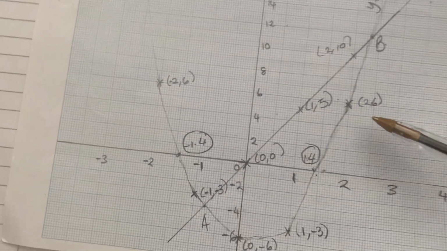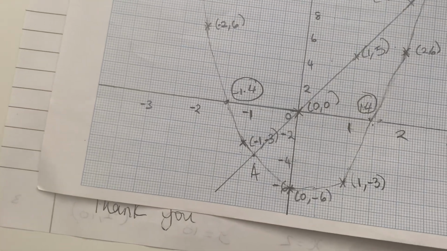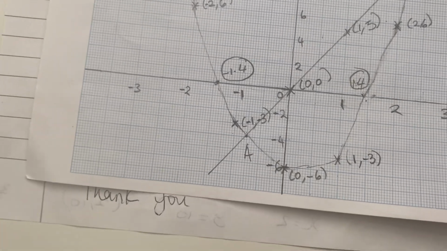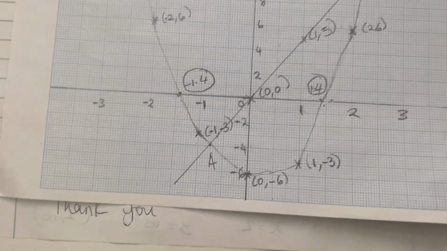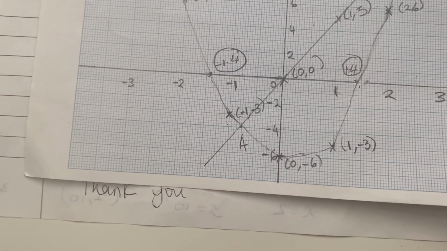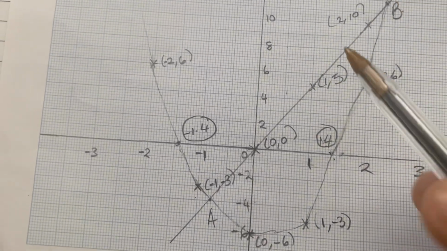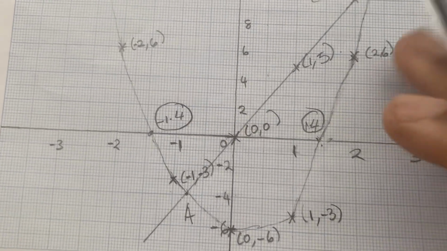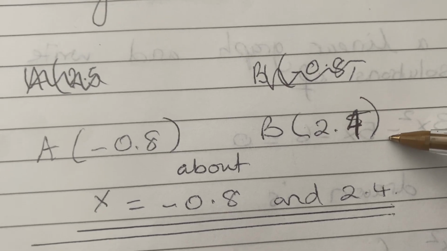If you use a computer, you get it exactly accurate, because if the computer is drawing the curve, it will be smooth. And if you use the quadratic equation, you get it accurate. But because you're using the graph, x equals minus 0.8 and 2.4.